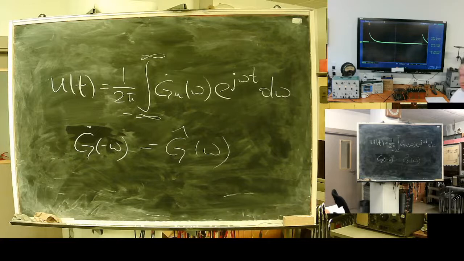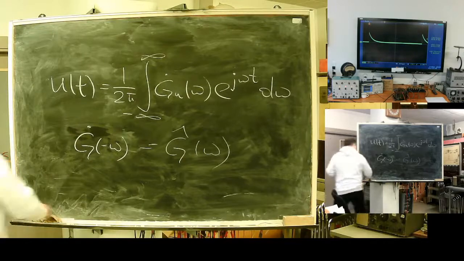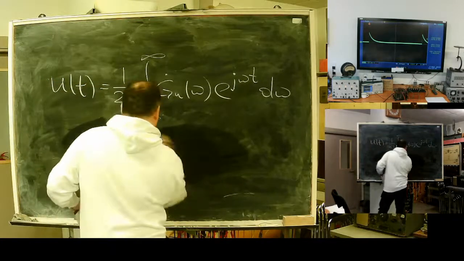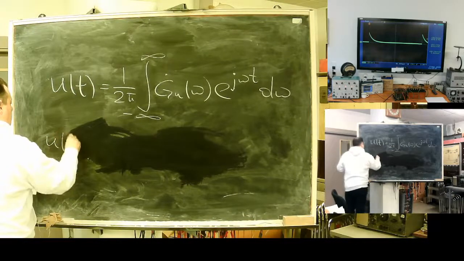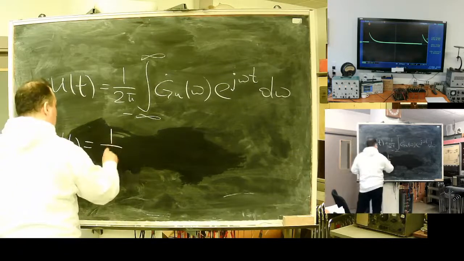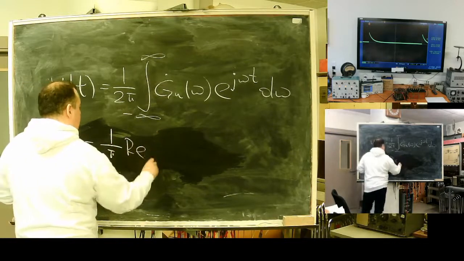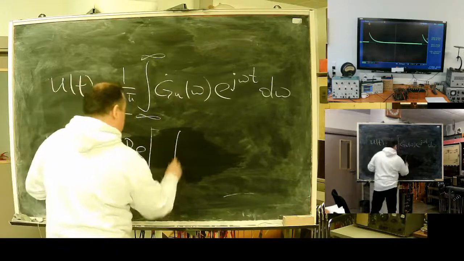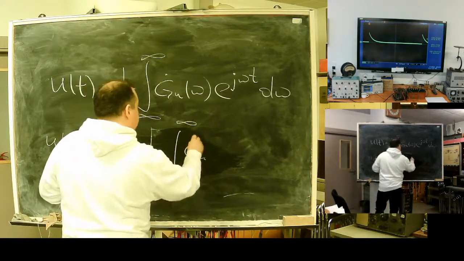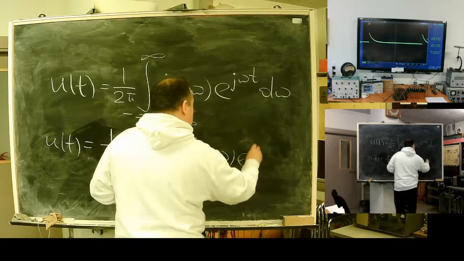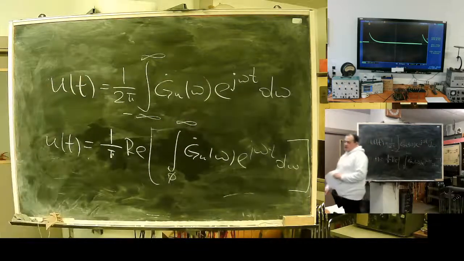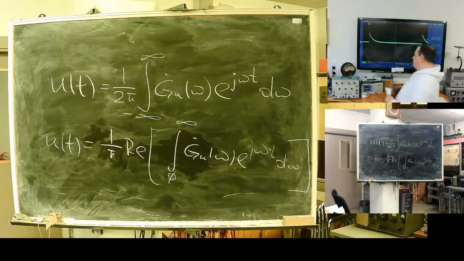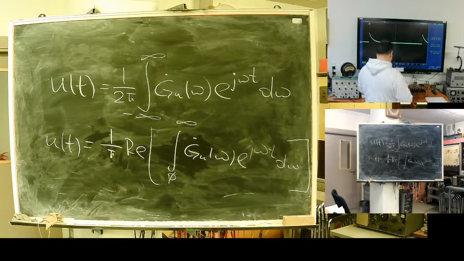The sign changes on the imaginary part. If you don't like negative frequencies, just take double the real part from 0 to infinity, of the spectral function, e to the power j omega t, d omega. If you don't like negative frequency, take double the real part and everything will be fine.